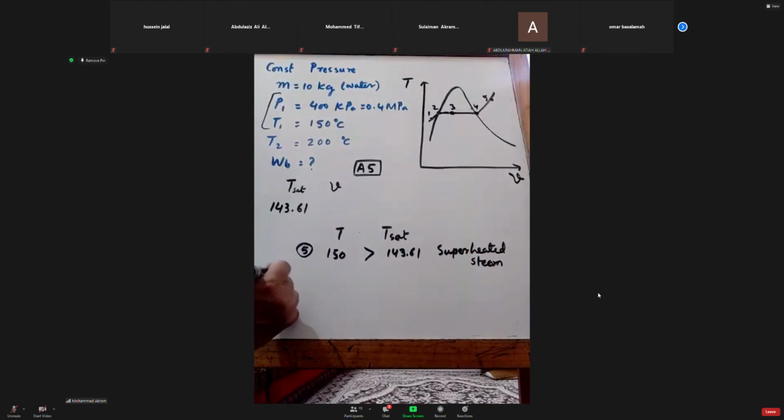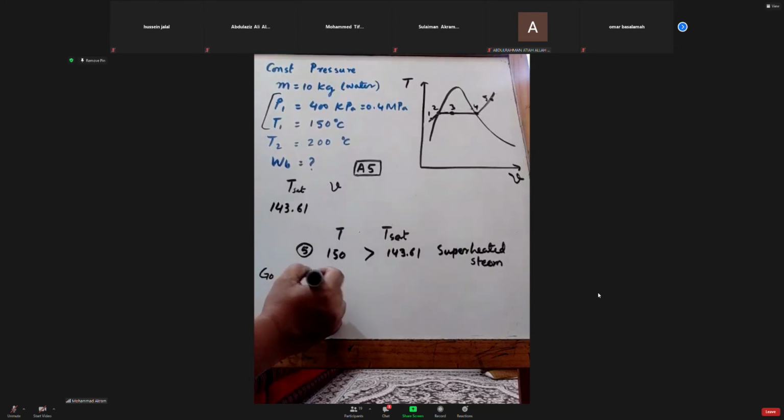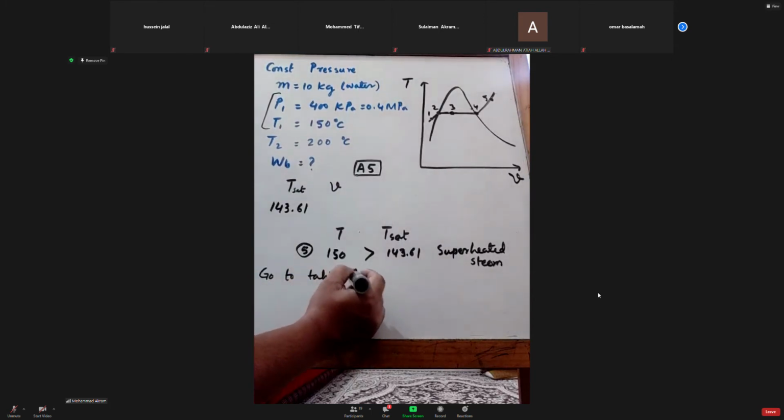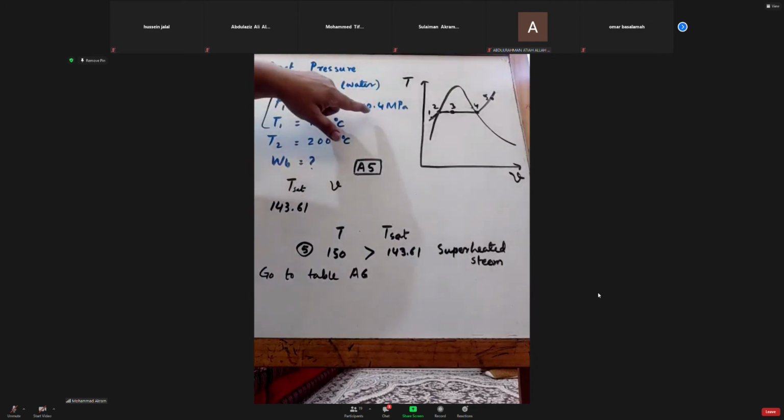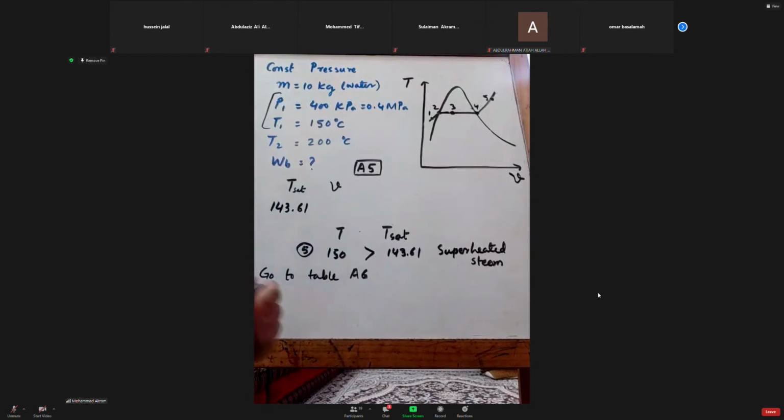So go to table A6. For this pressure, 400 kilopascal will not be there. It is written in megapascal. So 0.4 megapascal.